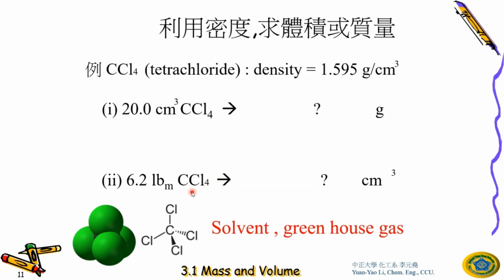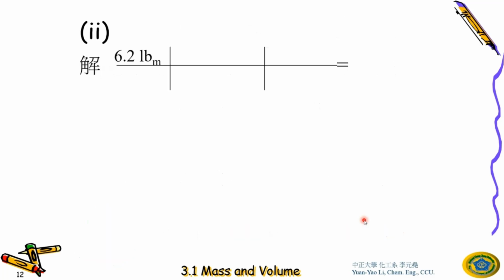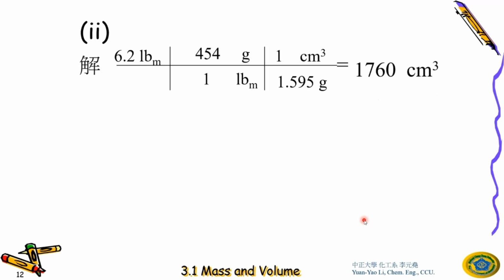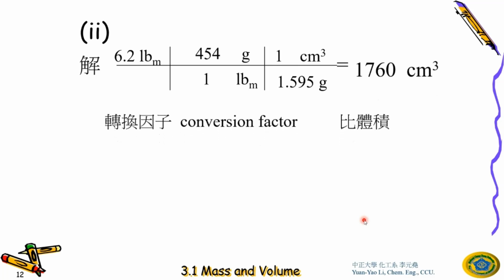However, if I tell you it's 6.2 pound mass of tetrachloride, and I ask you what's the volume in the CGS system, then you need to know how many pound mass become how many grams, and with the density you convert this to the volume. Okay. I don't want to waste your time, so please do this calculation by yourself.